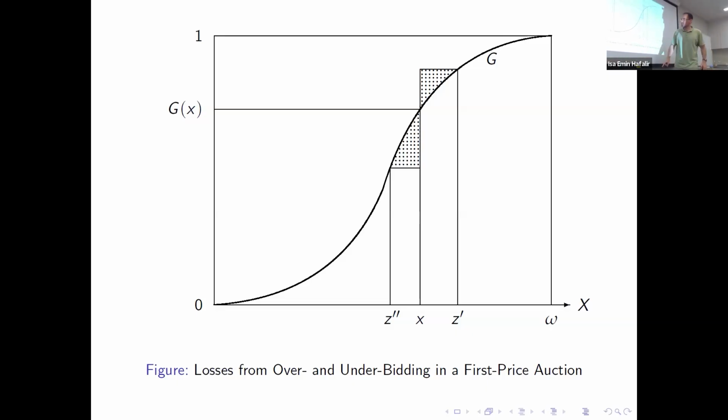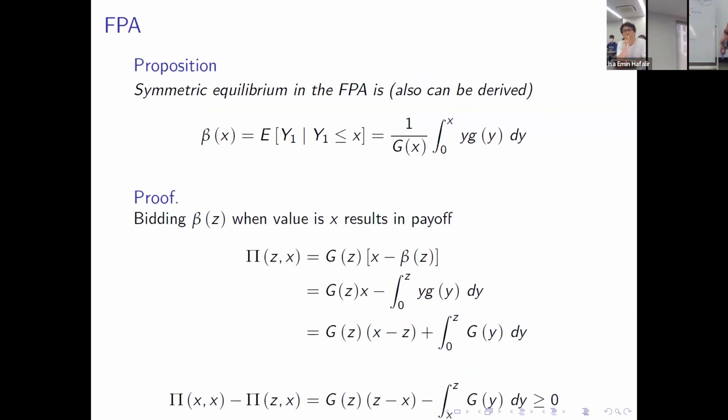Whereas if you consider the case in which Z is smaller than X, denoted by Z double prime, then you can see that the negative of this expression is the difference between the area underneath G between Z double prime and X and this rectangle, and therefore it's also positive. All right. So this shows that both for mimicking an under type or an over type is worse, and therefore in the previous slide, this is an equilibrium of the first price auction.